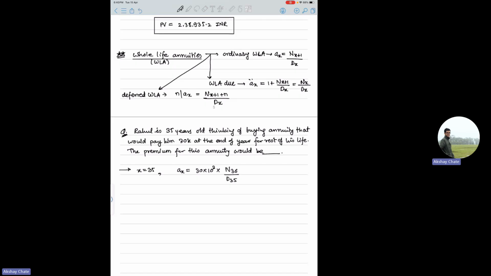N36 comes out to be 287,435.13, divided by D35, which is 17,369.06.